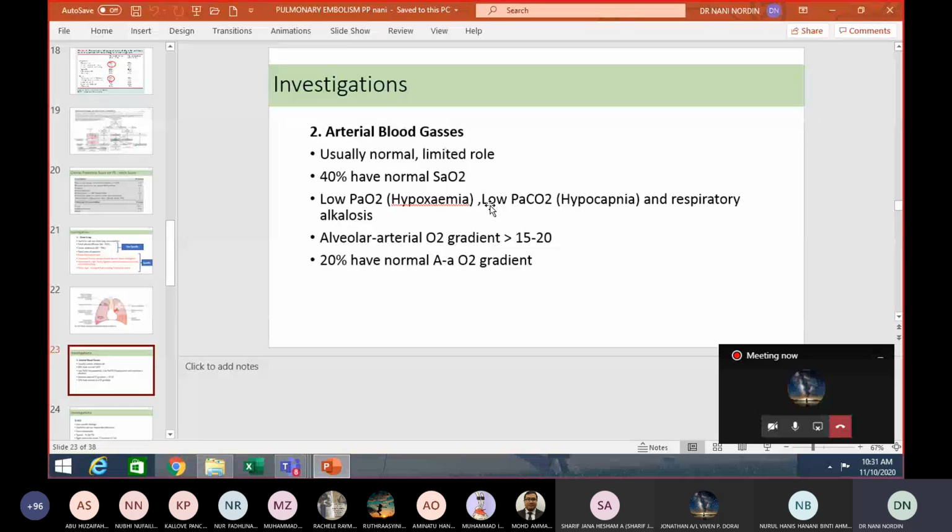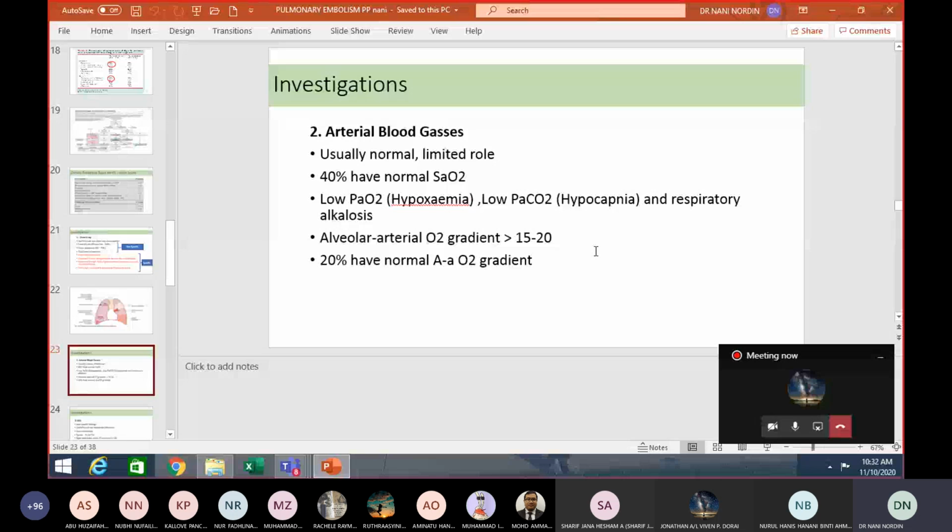But if there are changes in blood gases, you will have this kind of changes. Maybe a slightly normal saturation. 40% of patients have normal saturation, so you will have abnormal SpO2 but your ABG will still be normal. If abnormal, you can see hypoxemia, hypocapnia, respiratory alkalosis.